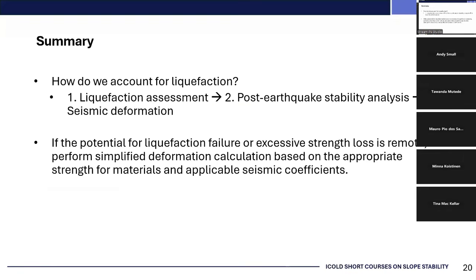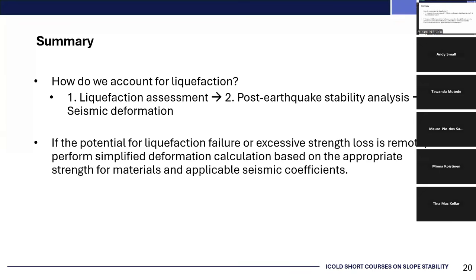So when we're dealing with seismic deformation, we need to start with the liquefaction assessment. If the tailings or any elements within the dam can liquefy, then you're driven to use limit equilibrium with post-earthquake stability analyses. And that may tell you the factor of safety is greater than 1.1, and you say, okay, fine, we can tolerate that. But really, it's the deformations that matter.